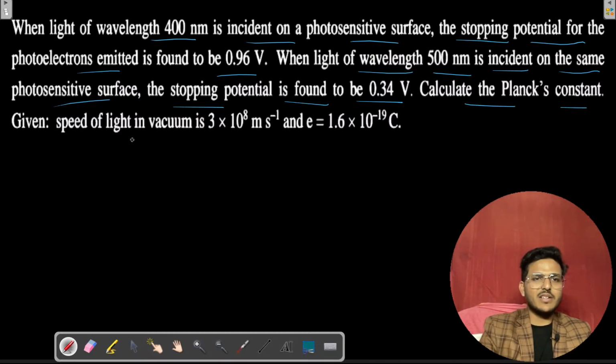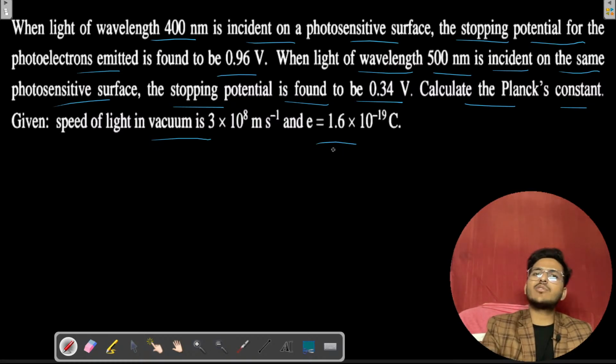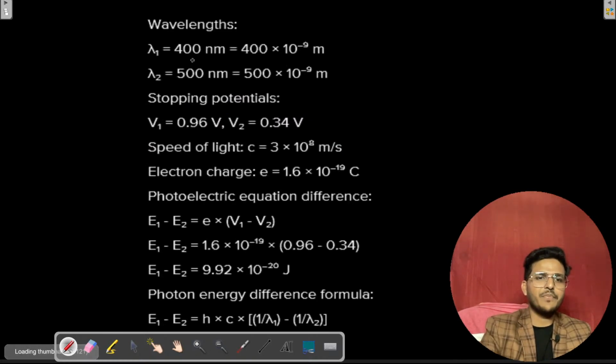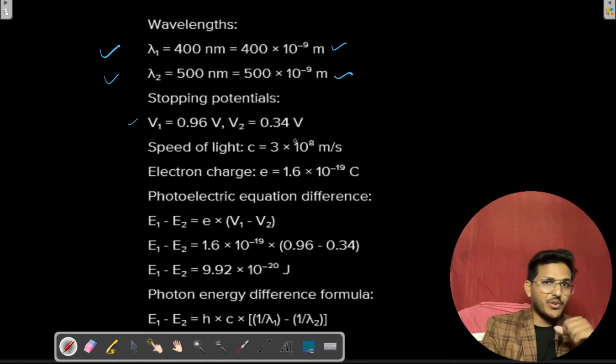Calculate the Planck's constant, given the speed of light is 3 into 10 to the power 8 meter per second and e is 1.6 into 10 to the power minus 19 coulomb. Now see, given that lambda 1 is 400 and lambda 2 is 500 nm. So convert that into meter by multiplying by 10 to the power minus 9. Stopping potential V1 is 0.96 and V2 is 0.34.